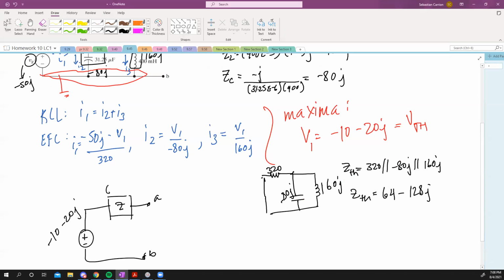And we have the Thevenin impedance 64 minus 128j. Right off the bat, we know that this is a combination of a resistor and a capacitor, because we have a real part and a negative imaginary part. So yeah, this is the solution for 9.45.